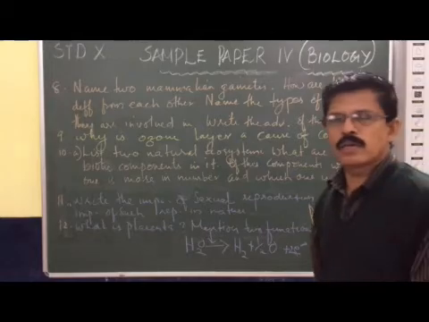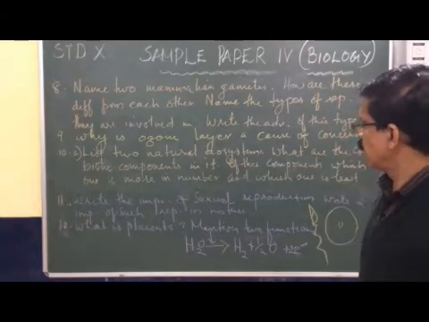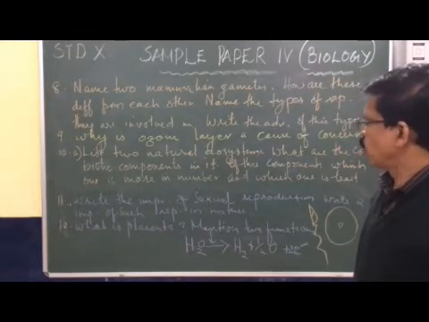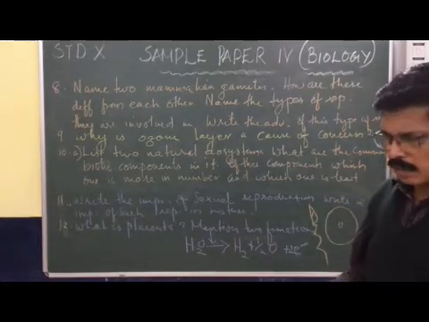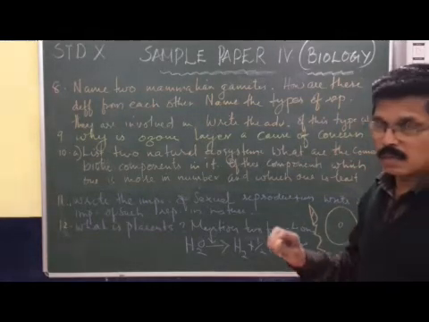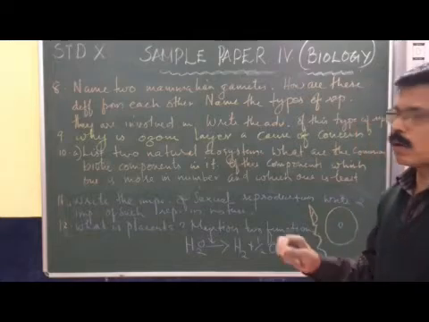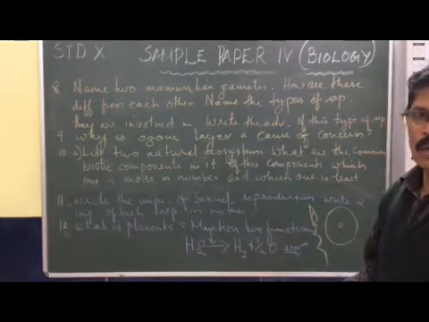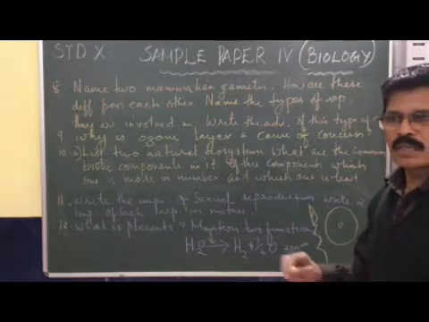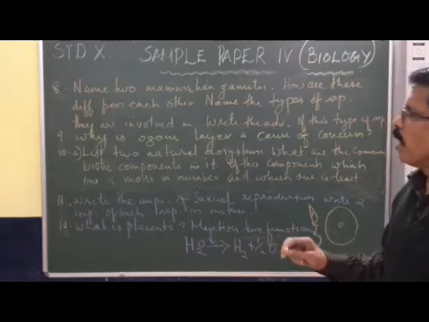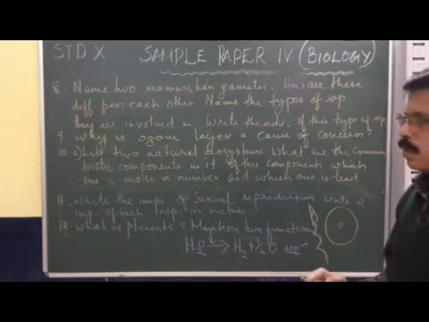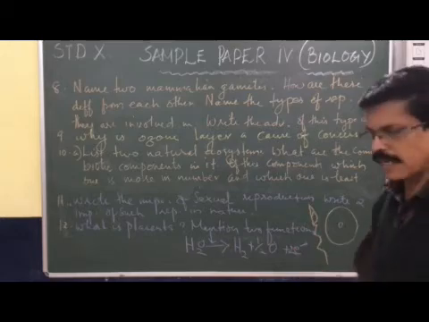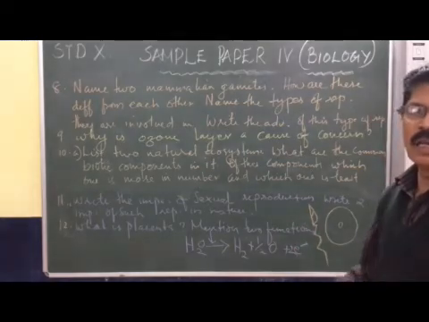Producers will be more in number. Producers are the green plants or green organisms, like green plants as well as blue-green algae, and they are larger in number. So always the producers are largest in number, whereas the consumers are second largest.